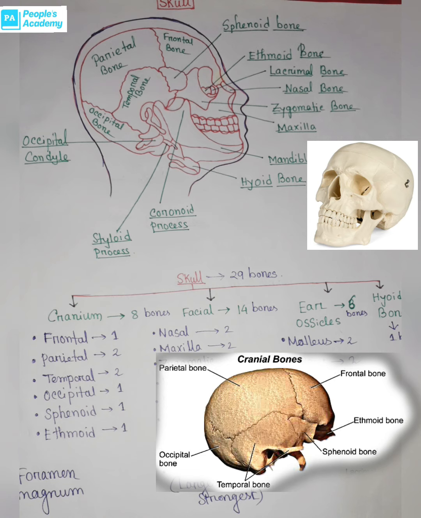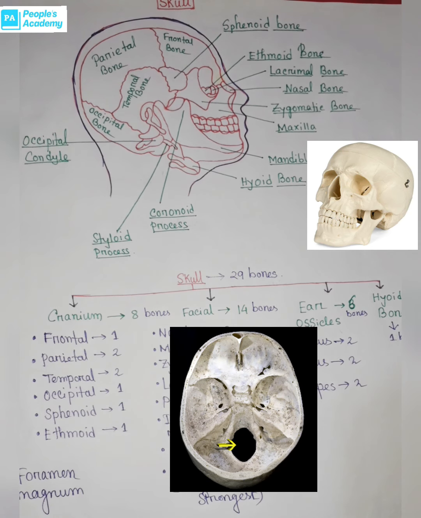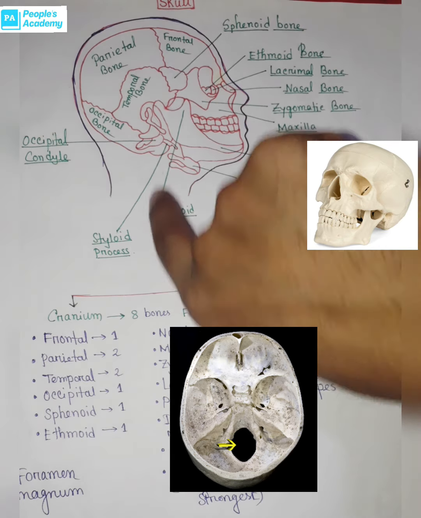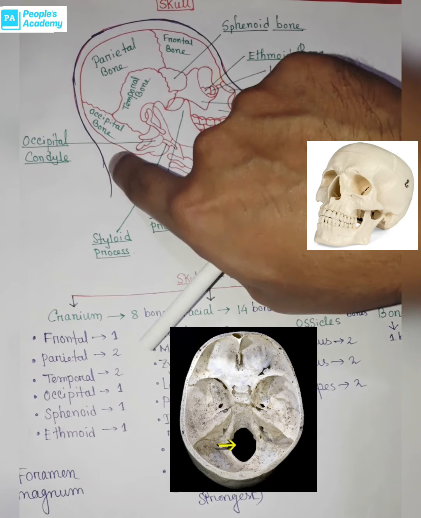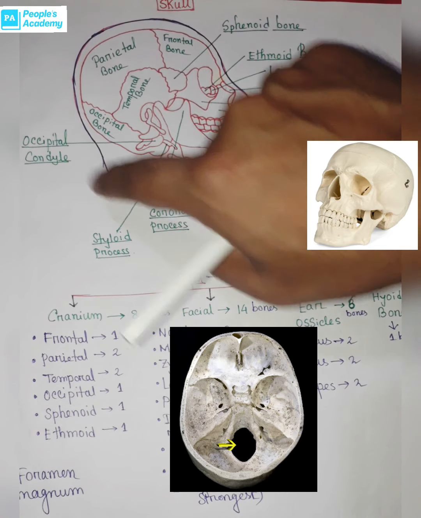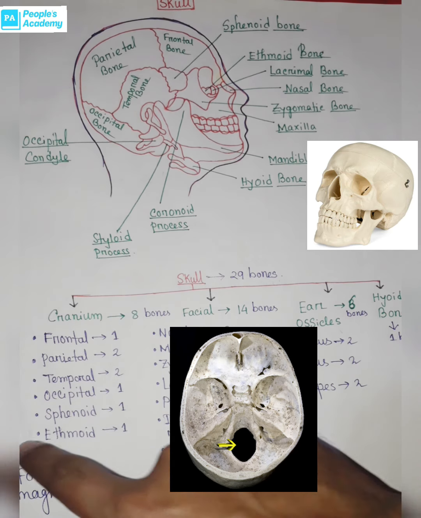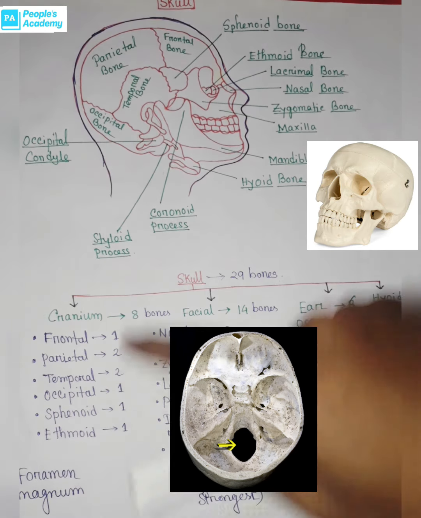Now let's talk about what the foramen magnum is. Remember it: in the base of the skull, a large opening. In this portion of the occipital bone, a large opening called the foramen magnum is present.